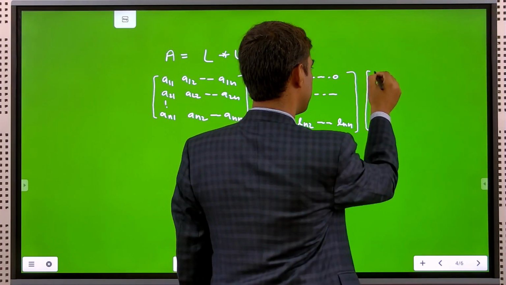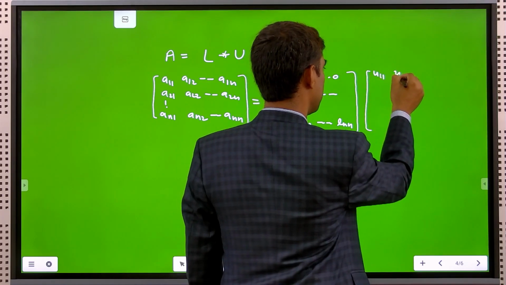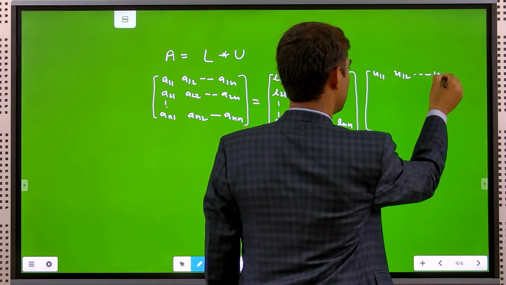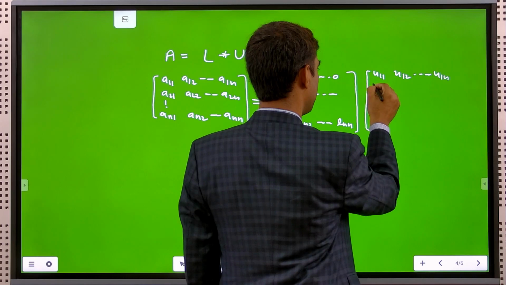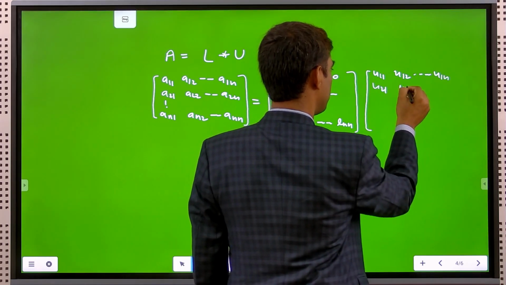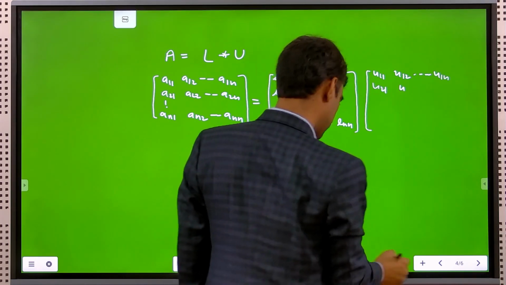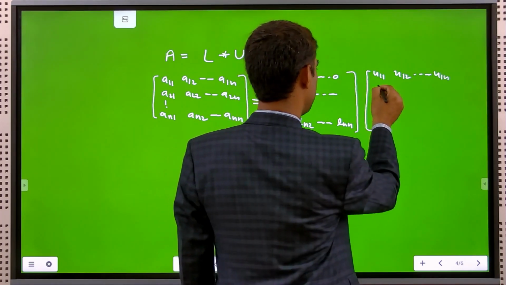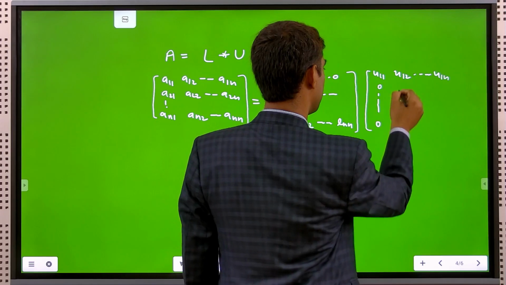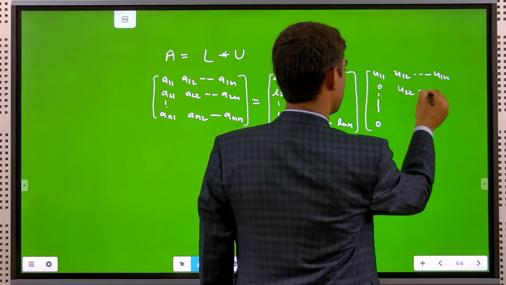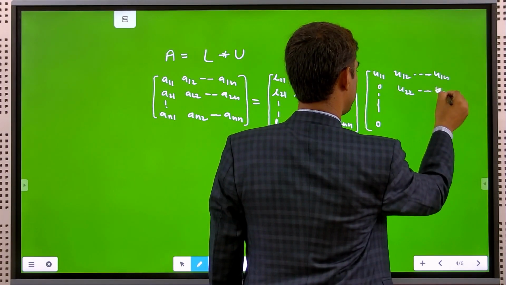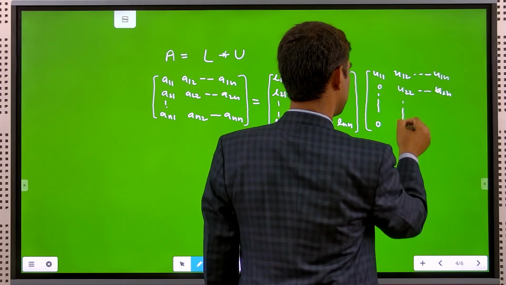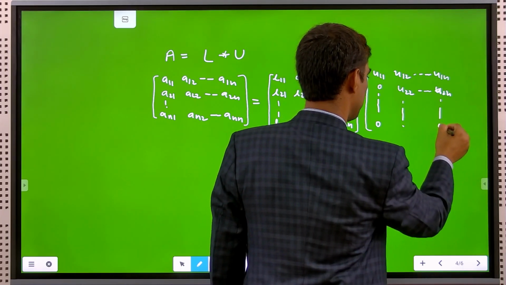Here we write the upper triangular matrix U11, U12 up to U1n, then 0, U22 up to U2n, and the last one is Unn.